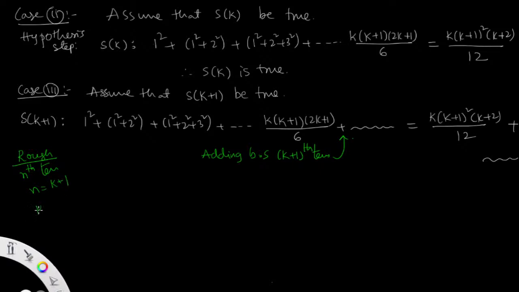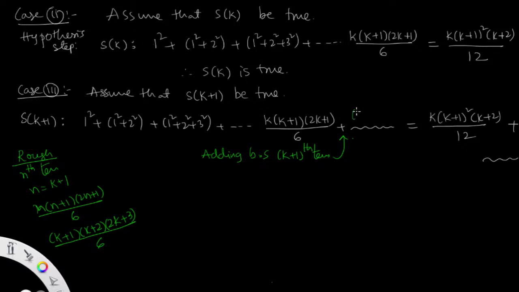What is the nth term? N into (n plus 1) into (2n plus 1) divided by 6. Now substitute k plus 1: (k plus 1) into (k plus 1 plus 1), k plus 2, into (2 into (k plus 1) plus 1), 2k plus 2 plus 1, that is 2k plus 3, divided by 6.